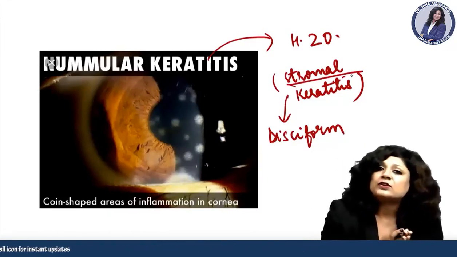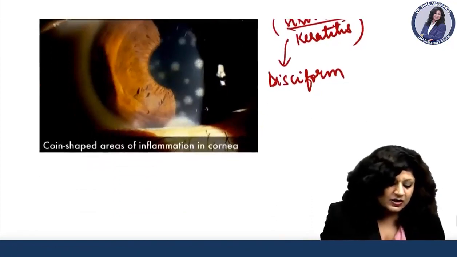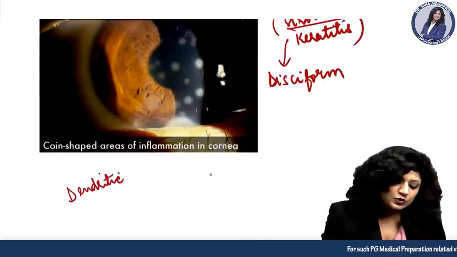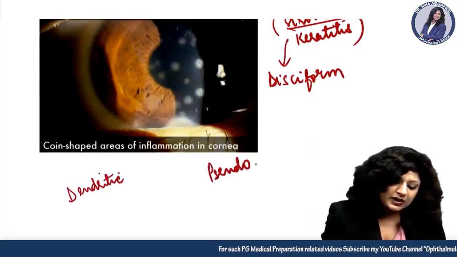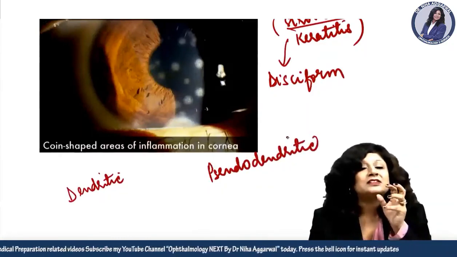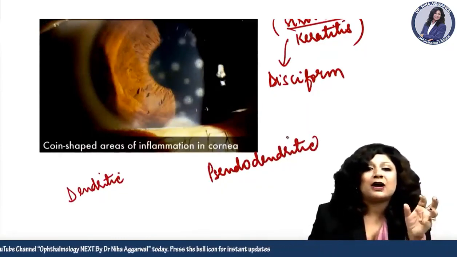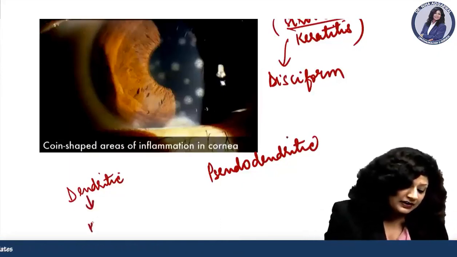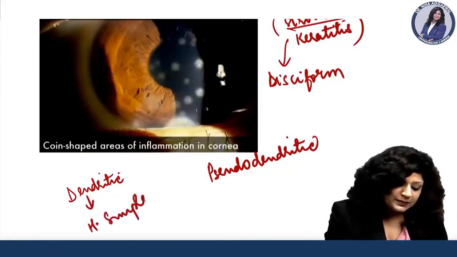Now, another important question that I get frequently is where you get dendritic and where you get pseudodendritic. Or sometimes they ask me, is the dendritic pattern found in other places also? No. The dendritic pattern is very typical of herpes simplex.